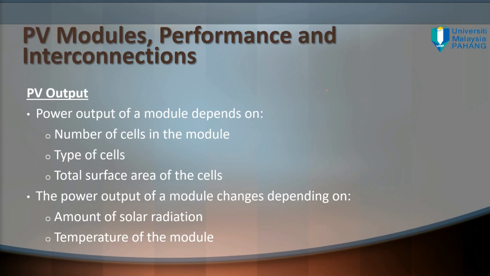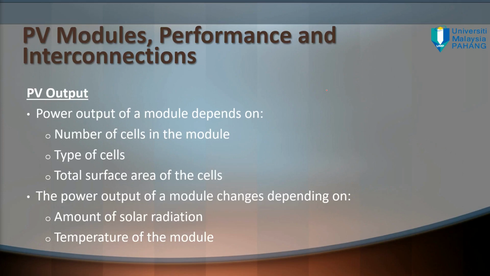Okay. Start from here. We try to throw out all of our misunderstanding. What I mean by misunderstanding is that we always think that the higher the temperature, if we feel very hot, then the performance of the PV module will become better and better. It's actually different.